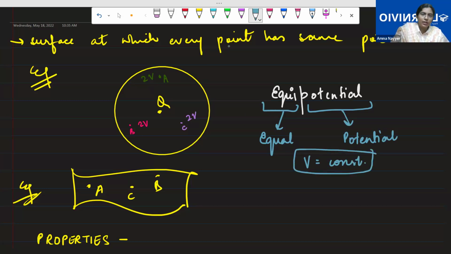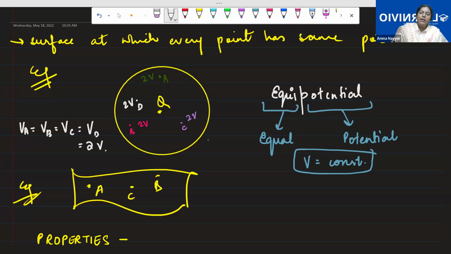Potential is equal throughout. So there's a surface, let's say, there's a charge q, and at any point I pick, I'm getting the potential as 2 volt. Any point I pick, A 2 volt, B 2 volt, C 2 volt, D 2 volt, like this, all the points, whichever points I'm taking. VA is equal to VB is equal to VC is equal to VD is equal to 2 volt.